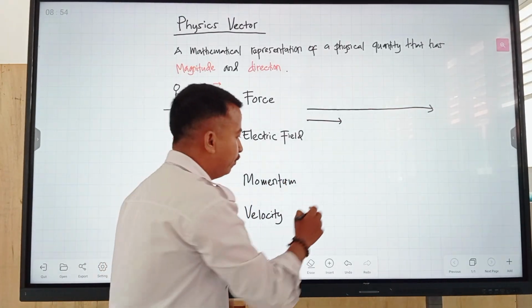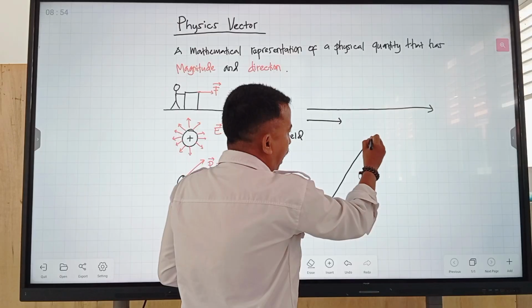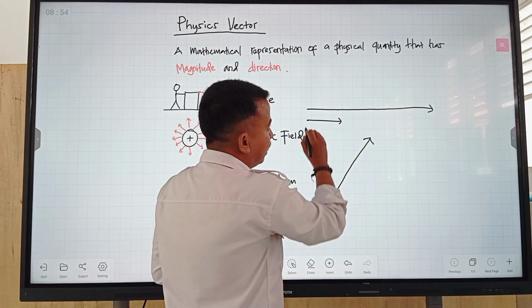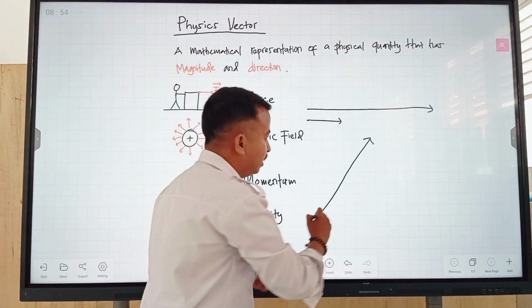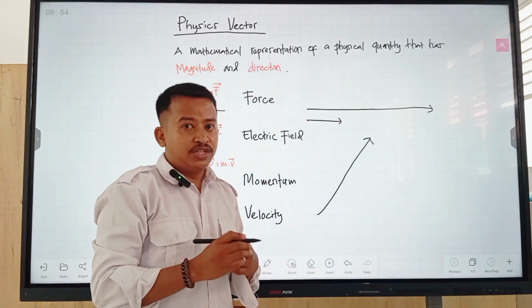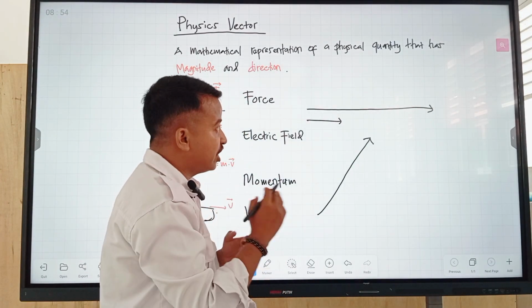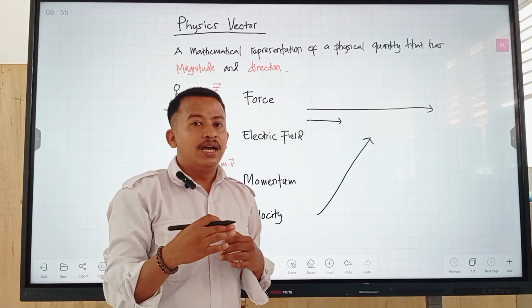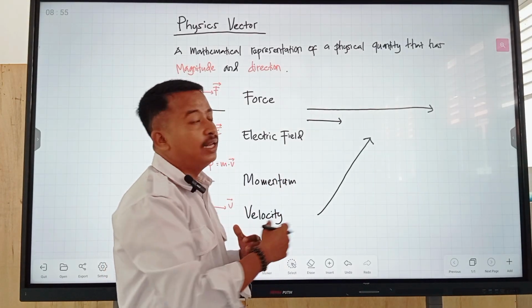Alright, now if I draw an arrow, for example, in this direction, notice that the length of this vector and the length of this vector are the same. The magnitude of that vector would be the same, and just simply the direction would be different.